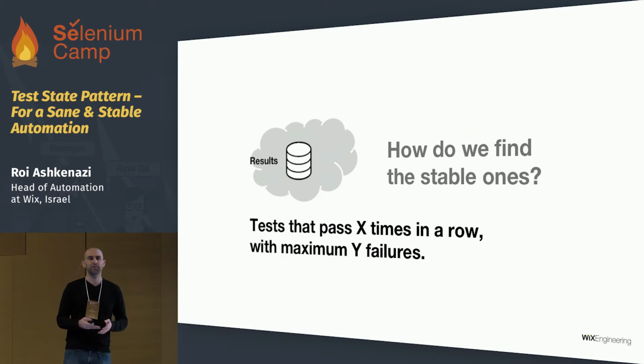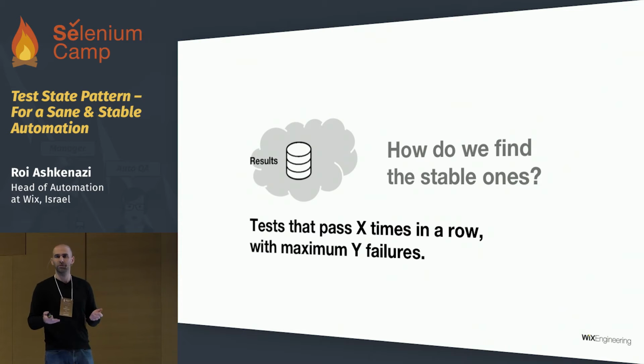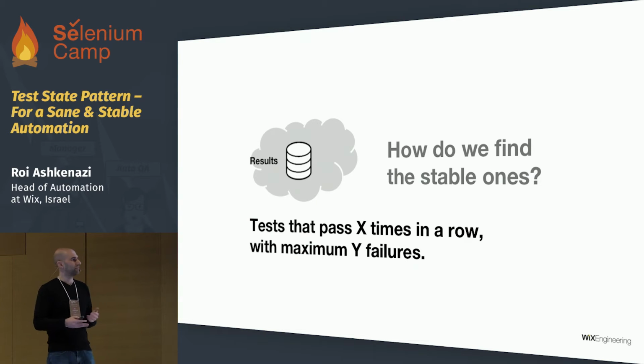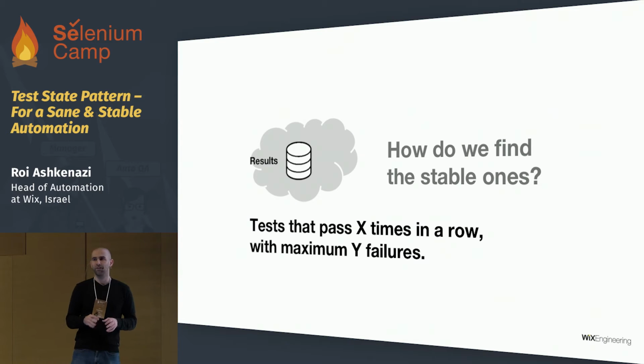And we just decided on some kind of threshold for a stable test. So we decided that a test which passes some x times in a row and fails only a few times, a few times can be 0, 1, 2, it doesn't matter, you can decide, is a stable test. If a test passes enough times, it is stable.